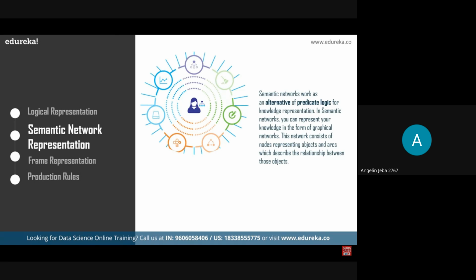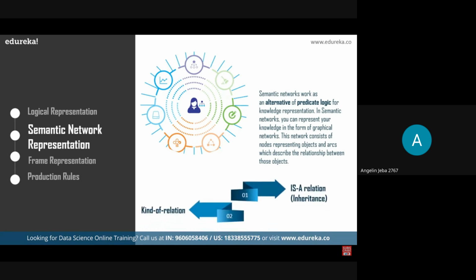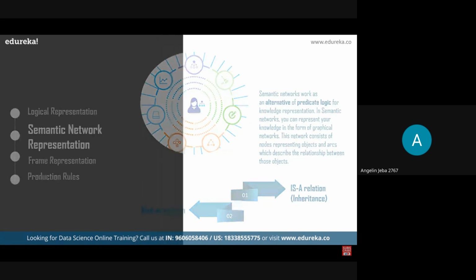In semantic networks, you can represent your knowledge in the form of graphical networks. This network consists of nodes representing objects and arcs which describe the relationship between these objects. Also, it categorizes the objects in different forms and links those objects. Now, the representation consists of 2 types of relation. First one is an is-a relationship, which is also known as inheritance, and then we have another kind of relation.